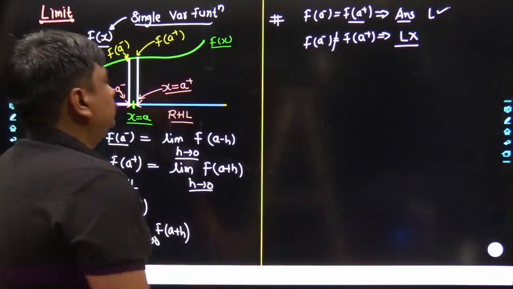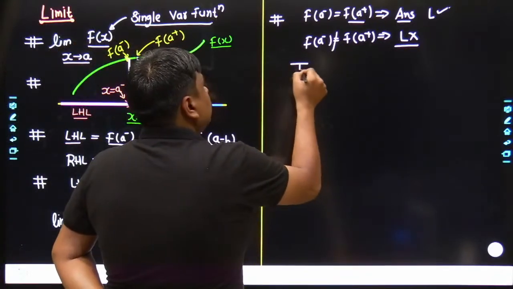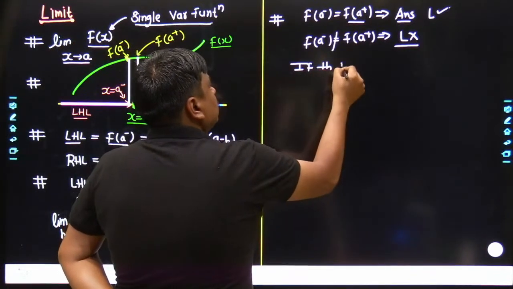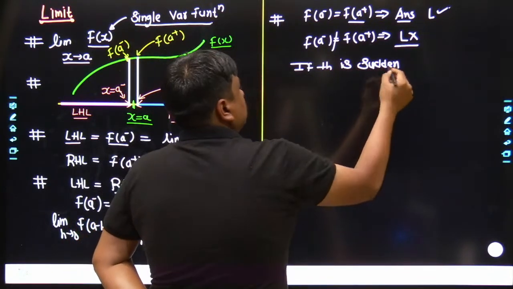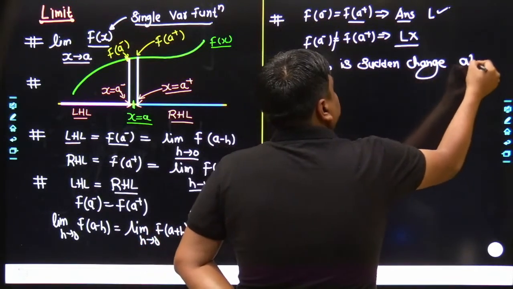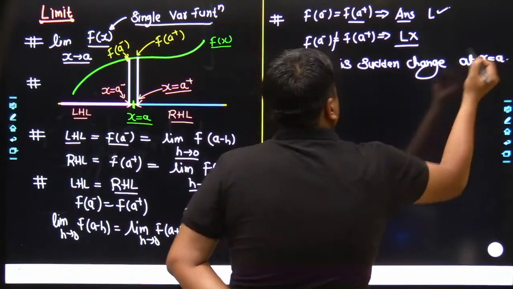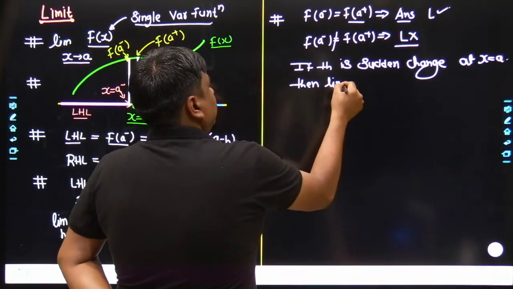So you can write, if there is a sudden change at x is equal to a, then the limit fails to exist.